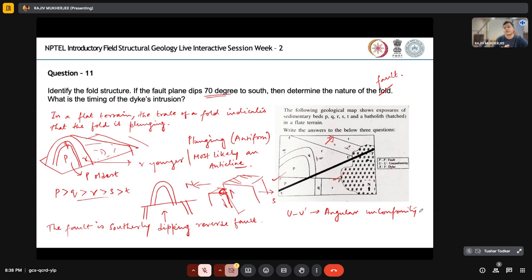The dike then cross cuts all of the existing features in this map. Since the batholith is overlying S and T, it is definitely younger than S, T and R, all this lithology. And then the dike itself cross cuts the batholith. So this confirms that the dike is the youngest intrusion.